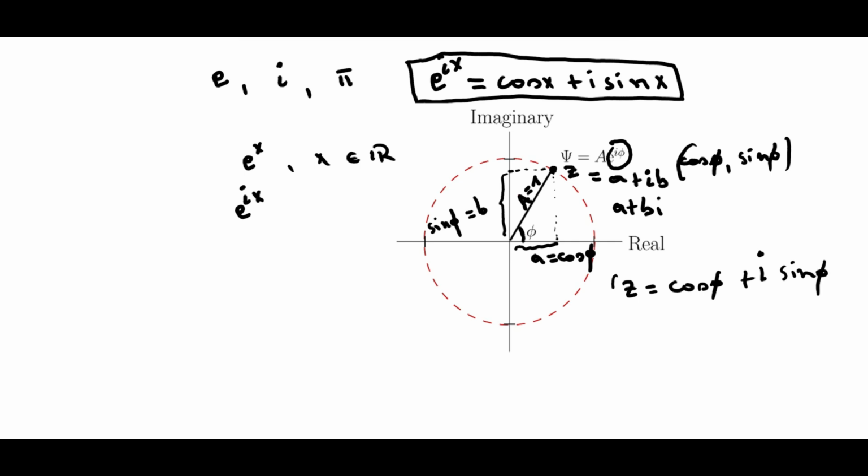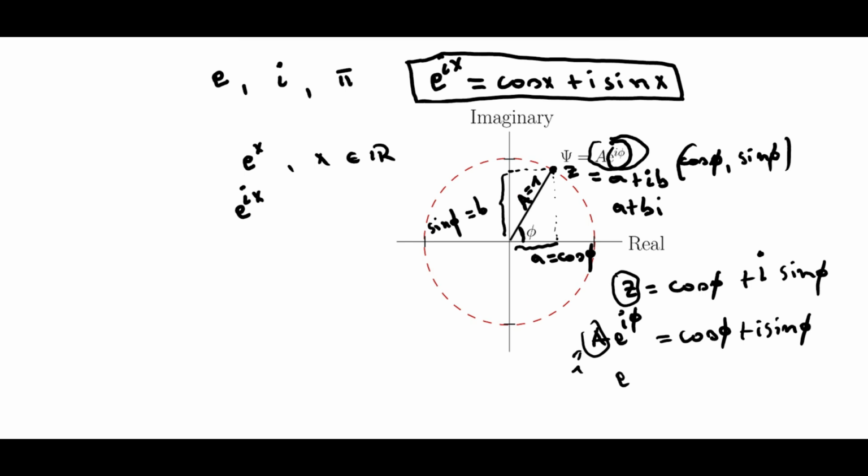And if we replace z by this value, then we will have e^(iφ) equal to cos φ plus i sin φ, and this a is equal to 1.